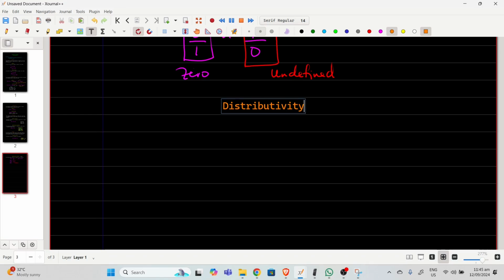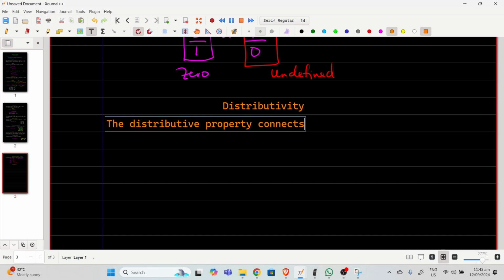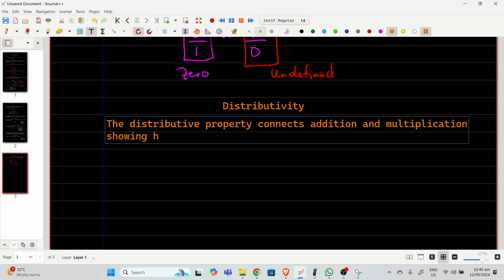Distributivity, or the distributive property, connects addition and multiplication, showing how to distribute multiplication over addition.